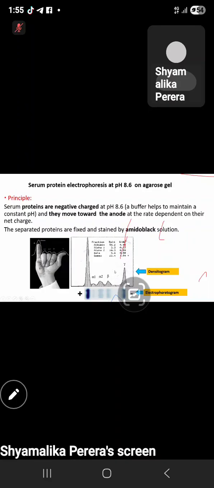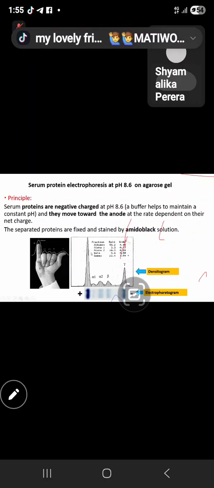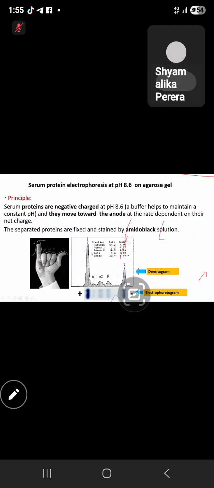I want to highlight these two terms. This graph-like thing, with albumin, alpha 1, alpha 2, beta, gamma, is the densitogram picture. After you perform the electrophoresis, if you scan the electrophoresis strip, which is the lower image, through the densitometer, you can observe this densitogram.